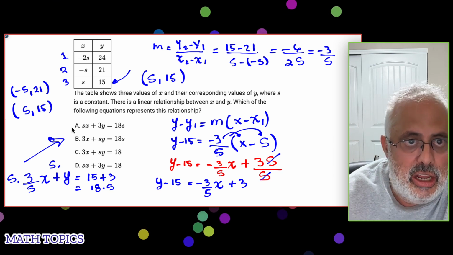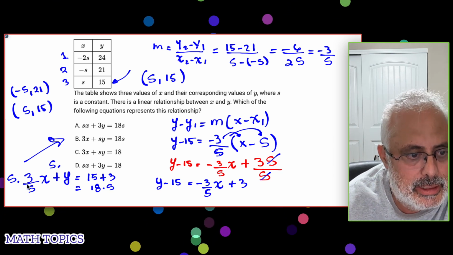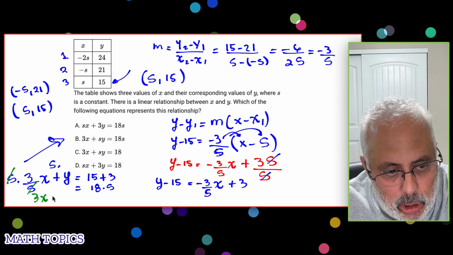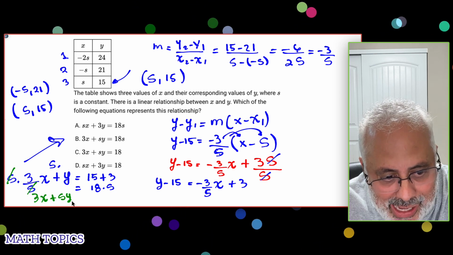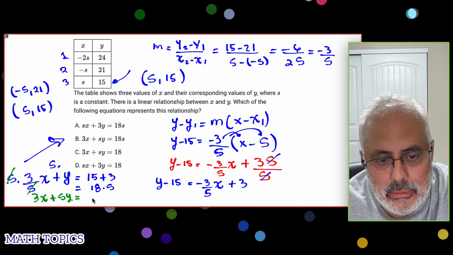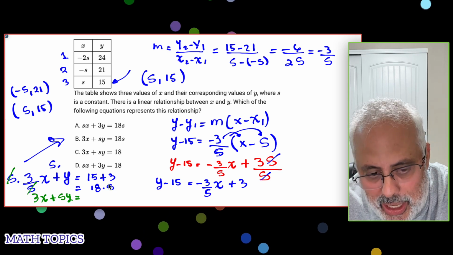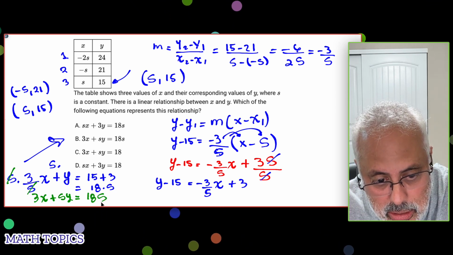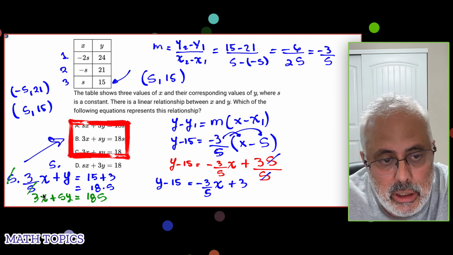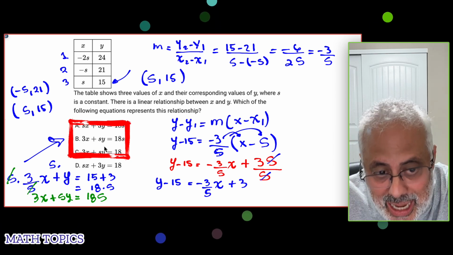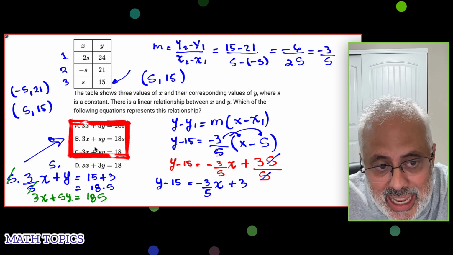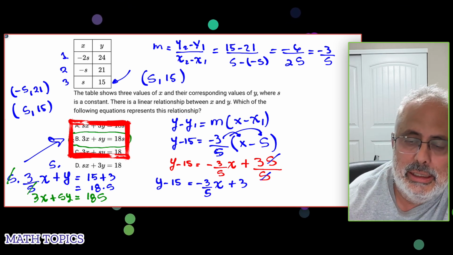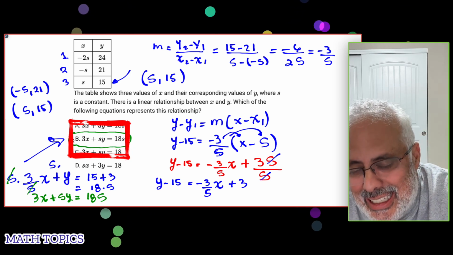So the s's here cancel, and you have 3x plus sy. 15 plus 3 is 18. 18 times s is 18s. Boom. 3x plus sy equals 18s. That's the answer.